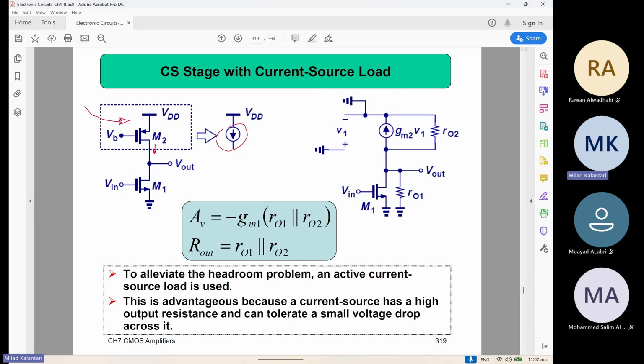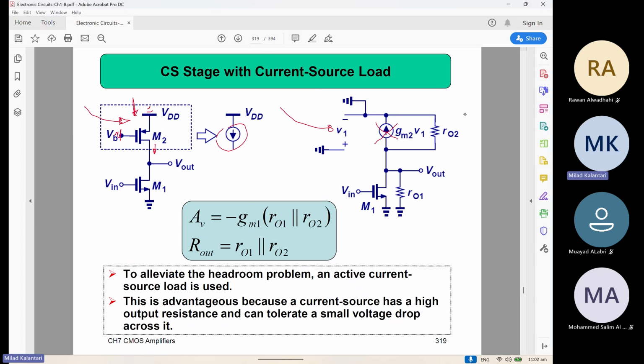And if you want to calculate the gain for this case, you need to just put the small signal model for each device. So for the small signal of the top device, this VDD needs to be shorted, this V bias is shorted, so the small signal would be like this. Since the VGS of the top device is 0, this current source is not there, right?